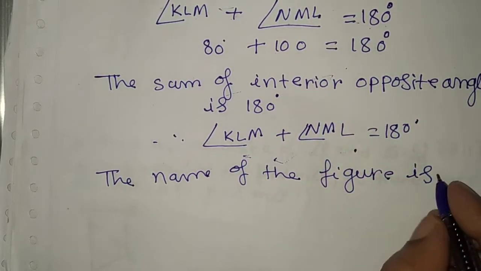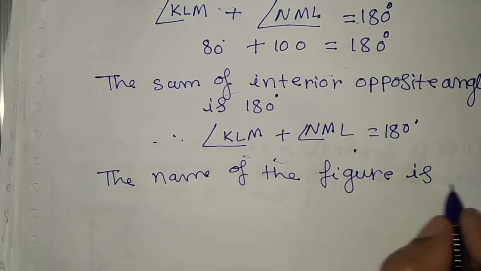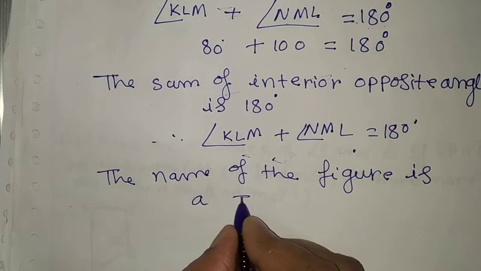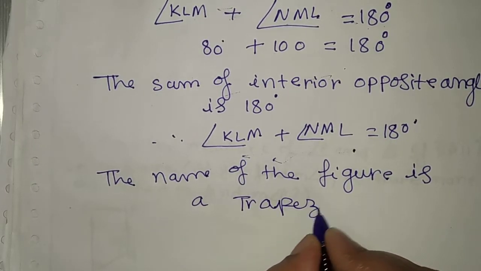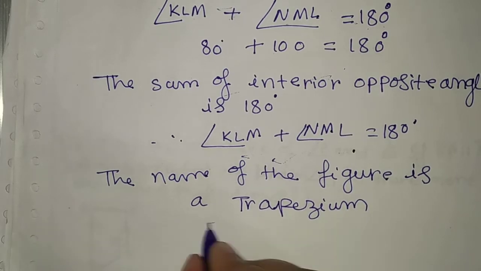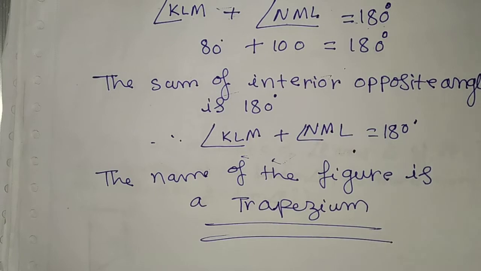So this condition is satisfied. So the name of the figure as given in the question is a trapezium. That's all, two conditions are satisfied. So we finally write it as a trapezium. So this is the solution for the 10th problem.